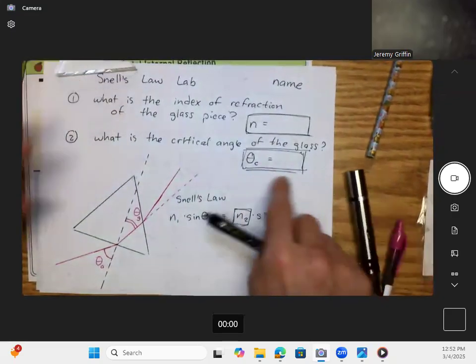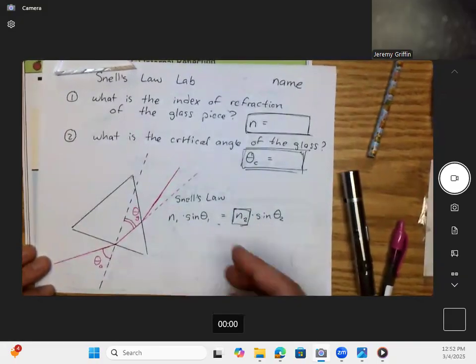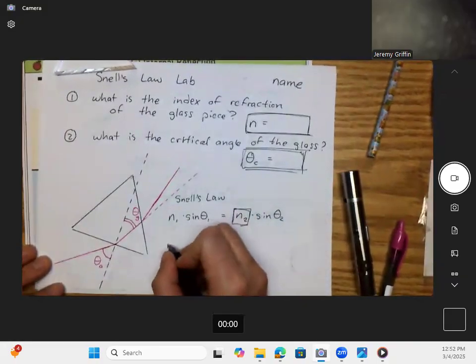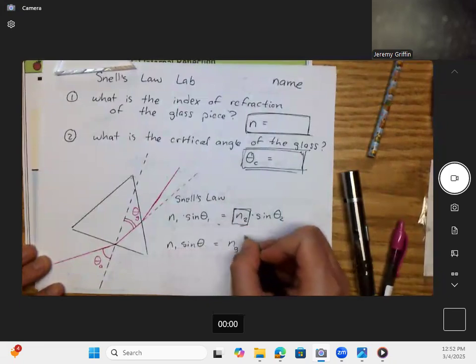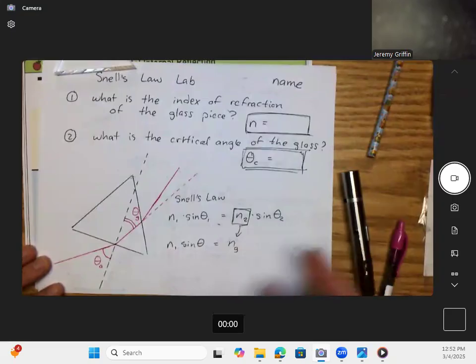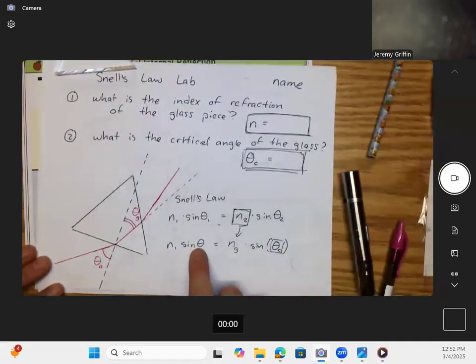But the other way to get the critical angle is to set up Snell's law. You take your N1 sine theta 1 equals N glass, which at this point you will have known because you will have solved for it, times sine of some critical angle. This would be the critical angle as long as this other angle is equal to, see if you guys are following what I'm saying, what should this angle be on the side of the air to correspond to a critical angle on the side of the glass?